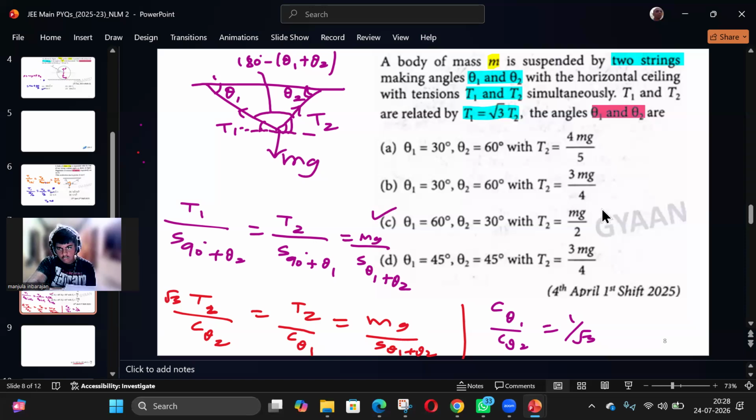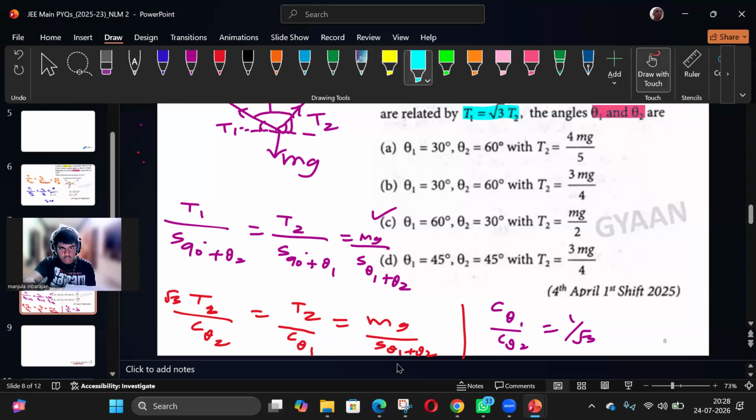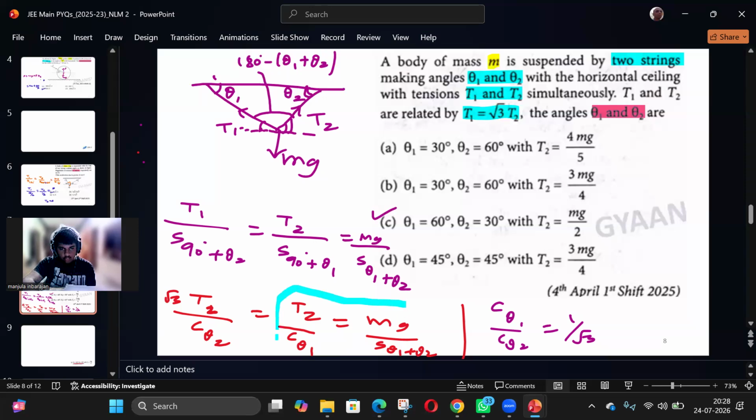In terms of mg only they are given, right? So from this I'll get T2 as mg cos theta 1, which is cos 60, which is half. So half mg. Yes, it's also true.